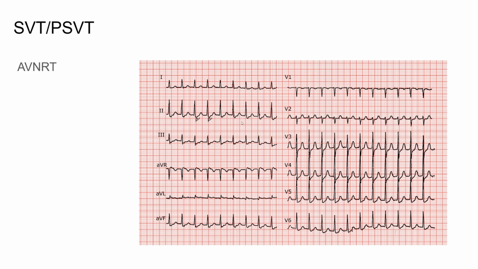What happens is our normal electrical conduction signal moves down the internodal tracts of the atria and meets the AV node, right? But this AV node in a patient that has AVNRT is going to be altered. One reason may be genetics. Another reason may be some sort of scarring of the AV node from one pathology or another, right?